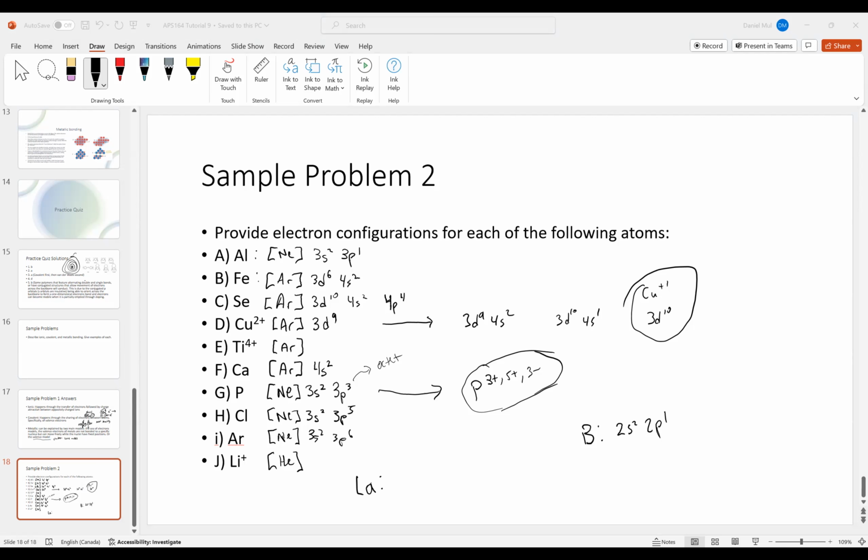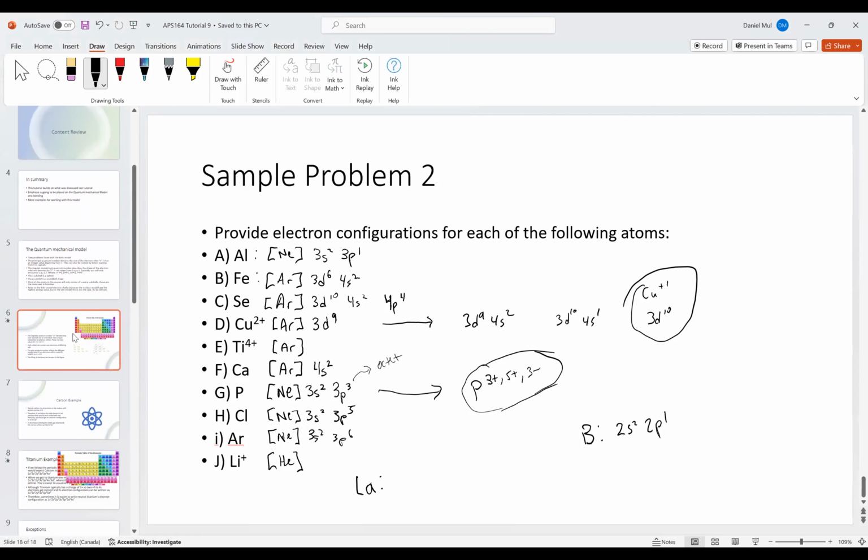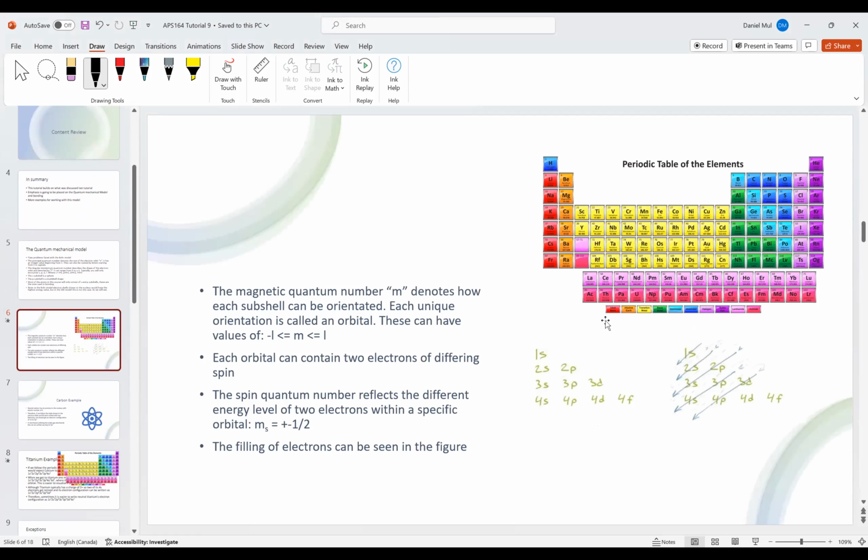But if you look at the periodic table, let me pull this up. Lanthanum's a tricky one because if you look at the screen right now, you have 14 here, but it's sitting right here. This is its spot. So it's actually 4f0, I'm pretty sure, and it starts on this d position here.